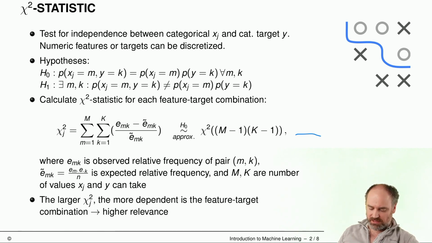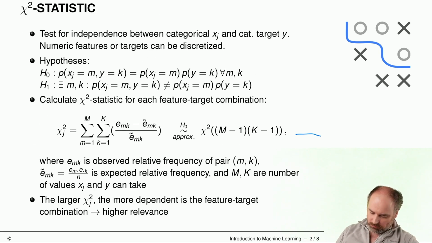The larger the chi-squared statistic is, the more dependencies there are between the feature and the target, or the lower the p-value is, the more evidence we would have collected to contradict the assumption of independence.